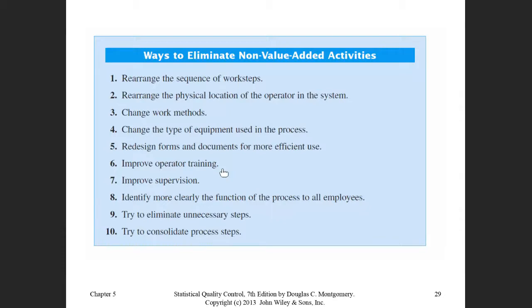My capstone team project is working on reducing the non-value added activities in one of the mail offices in Medina. They have used most of those tools here, or most of these steps: rearrange the sequence of work steps, that means the work order.